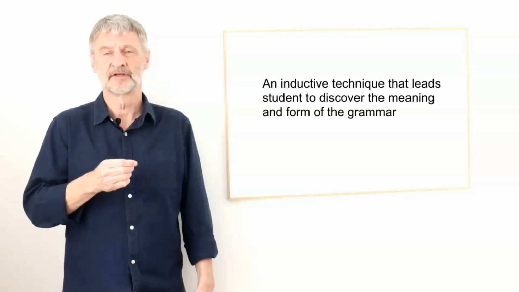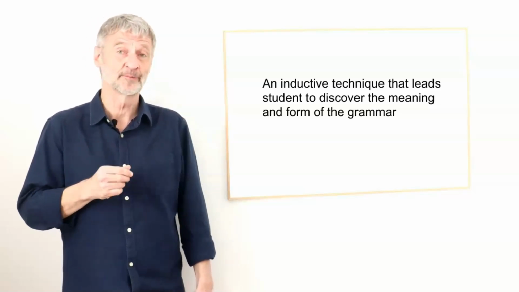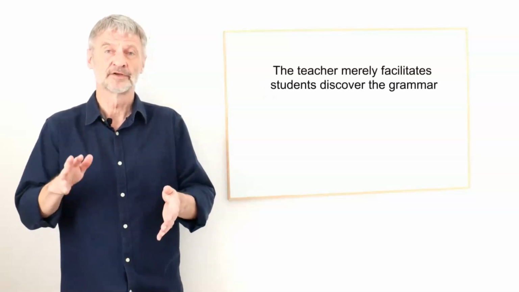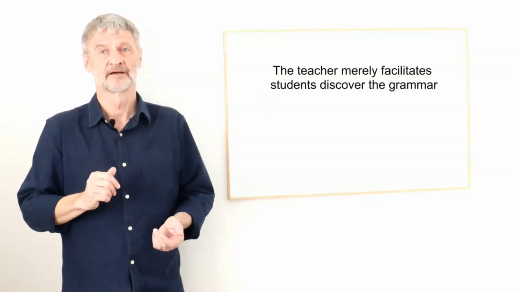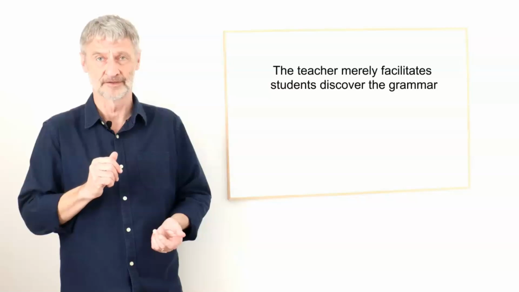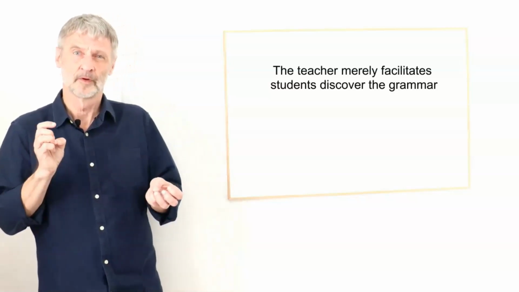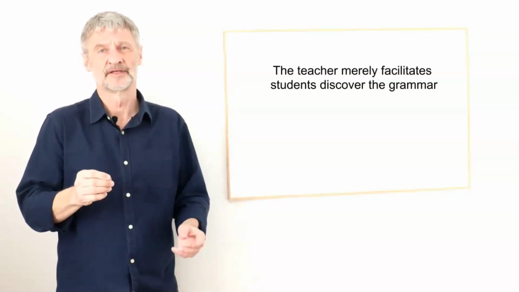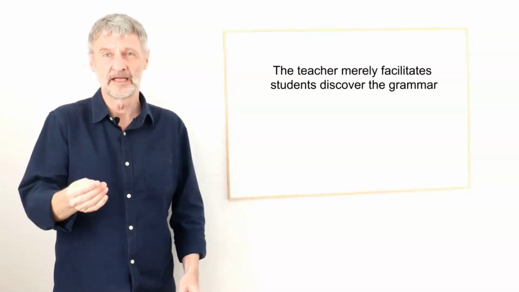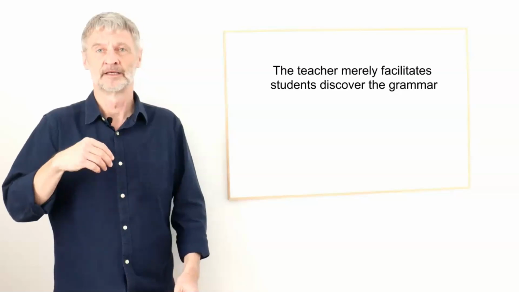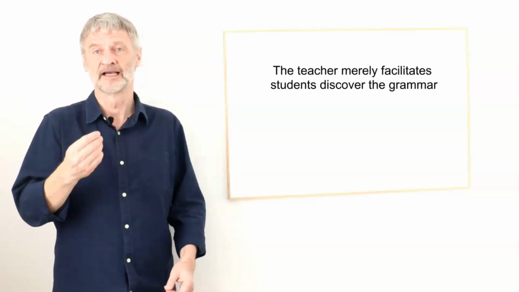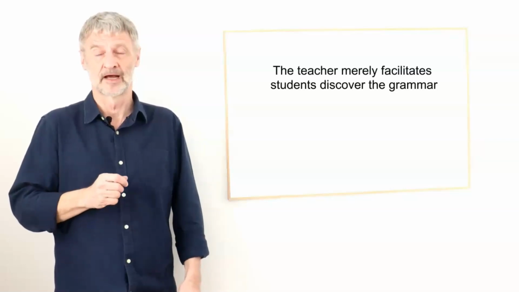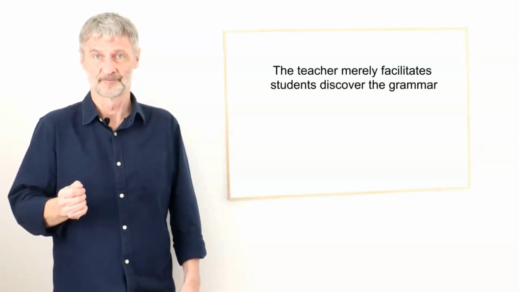It actively involves students in the learning process, and the teacher's role is merely to facilitate that this process occurs. So what happens? Instead of the teacher explaining the grammar by giving rules and isolated examples, the students discover the grammar by themselves.